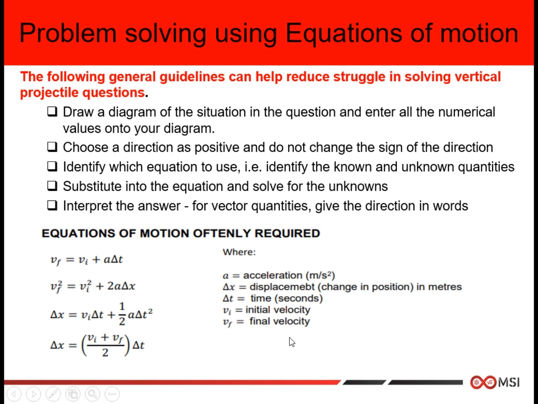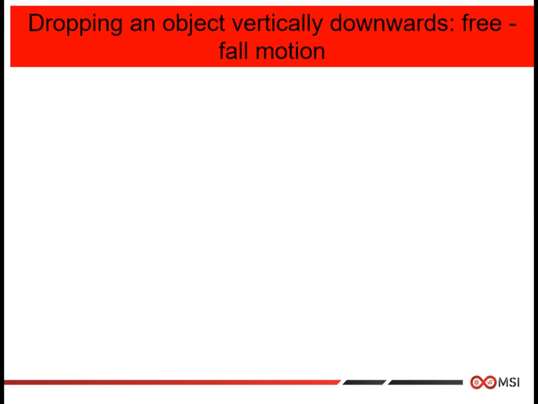Now we are going to go to an example, one example of a free falling object that is going downwards, right? So dropping an object vertically downwards, which is the free fall motion.